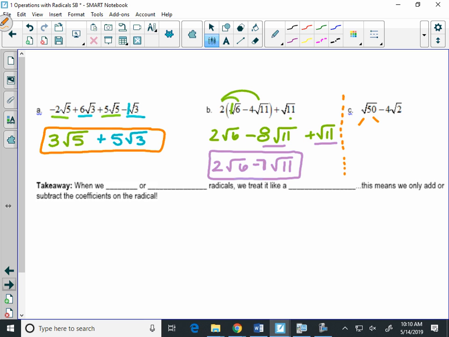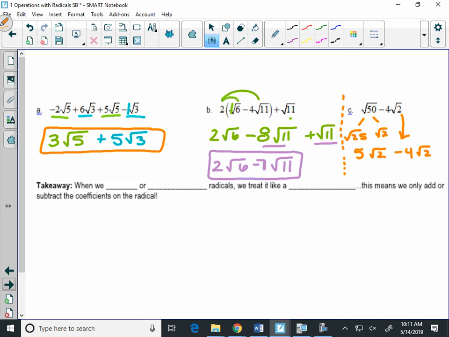What's the largest perfect square that can go into 50? 25. How many times? 2. Square root of 25 is 5. Tack on the radical 2. Can we simplify 4 radical 2 at all? Nope. So we just drop down that negative 4 radical 2.